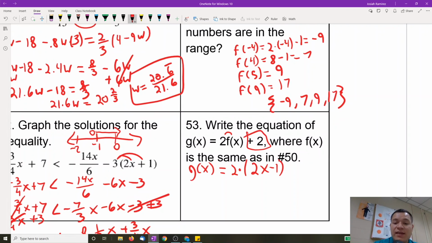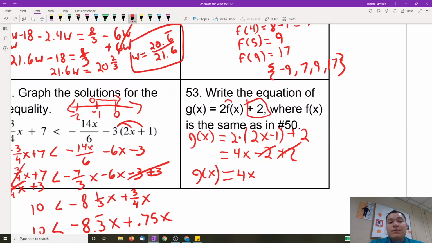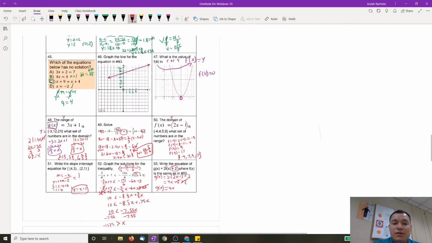And then we have this outside plus 2, which we'll put at the end. Now let's distribute. And then let's simplify. There you go. There is page 4 of the review.